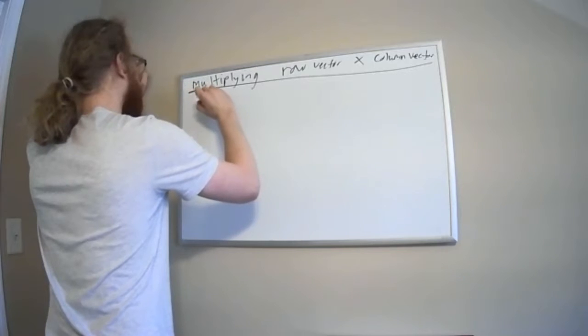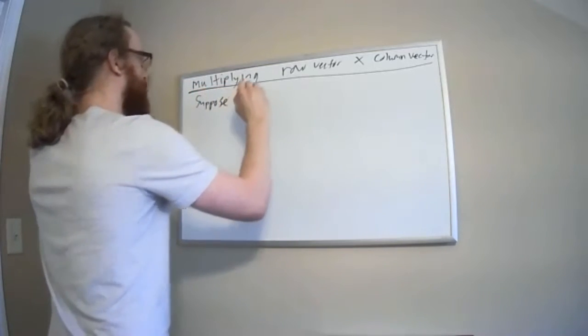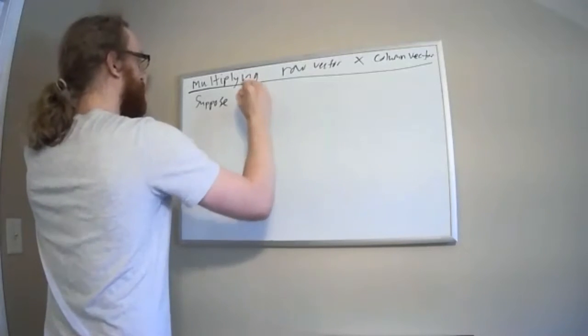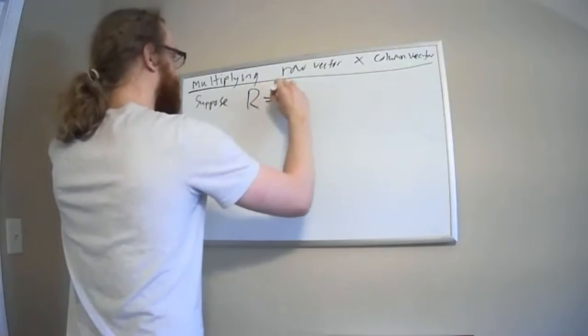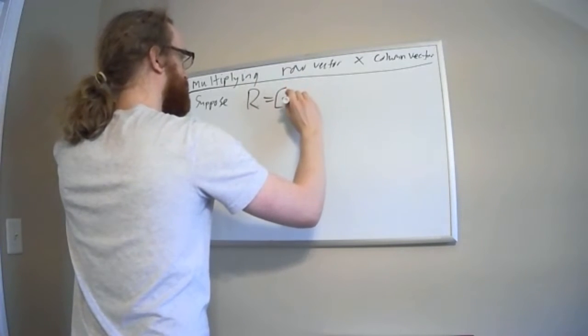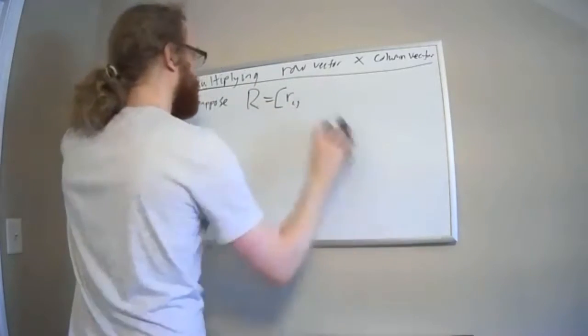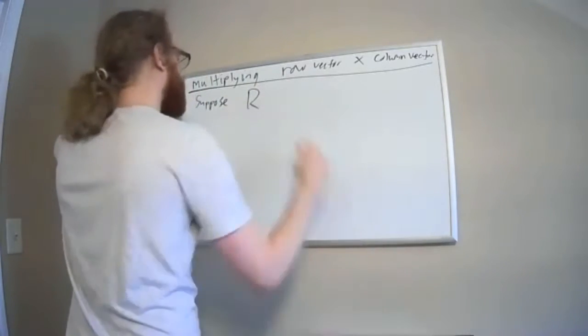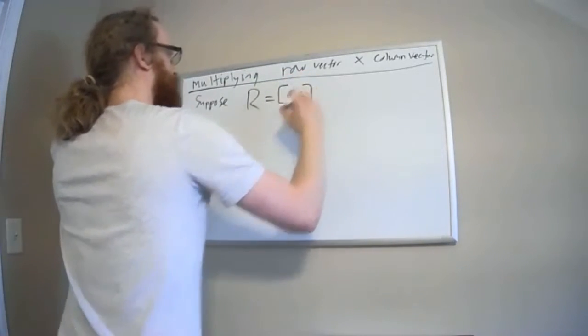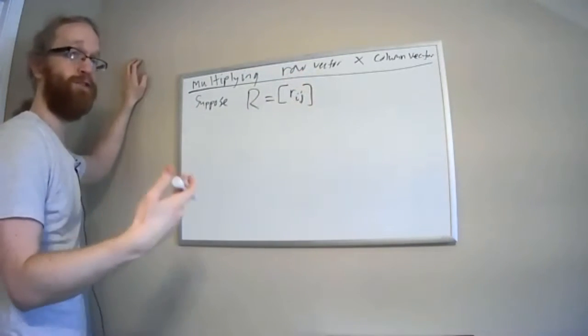So here's what we're going to do. Suppose I have R first. R is a row vector. I'll go ahead and use the abstract notation that I introduced yesterday, but then I'll give you some examples to flesh this out a little.